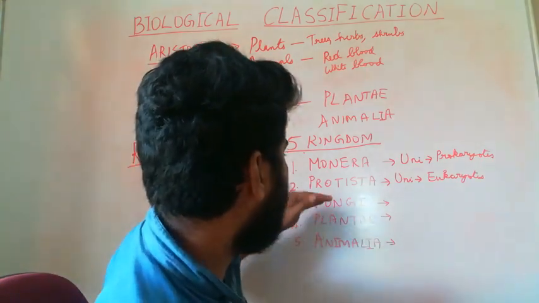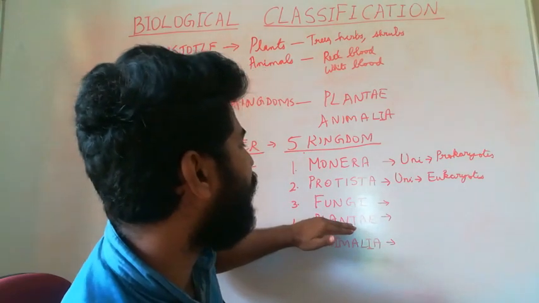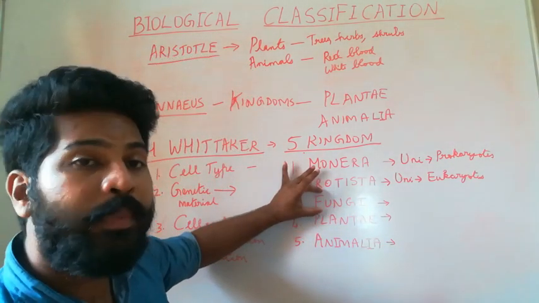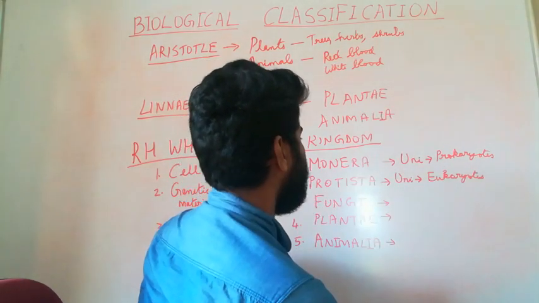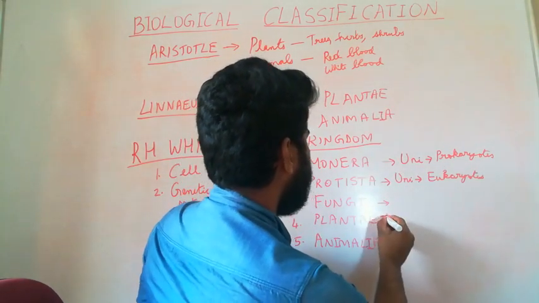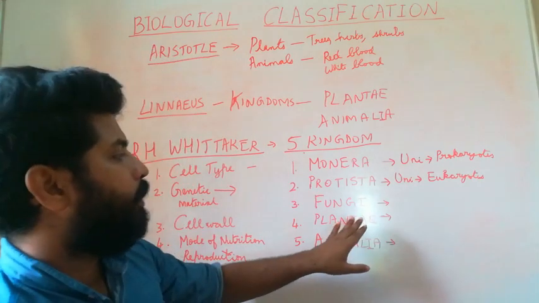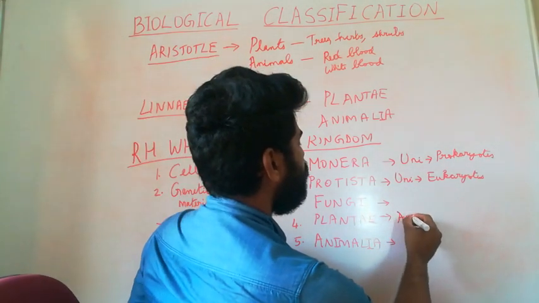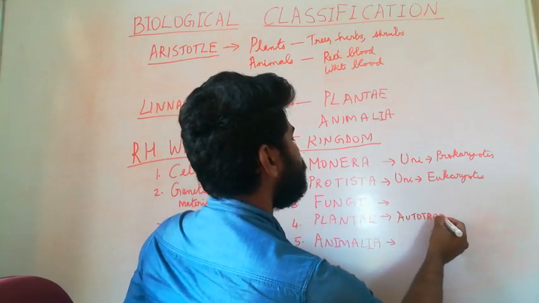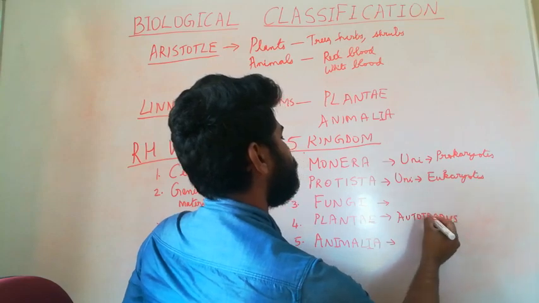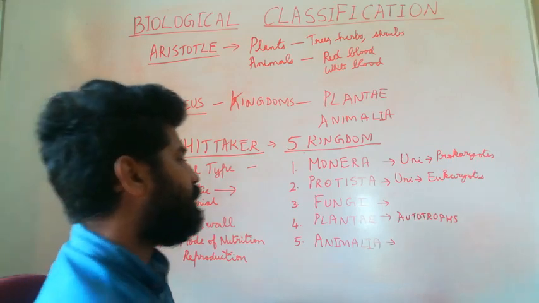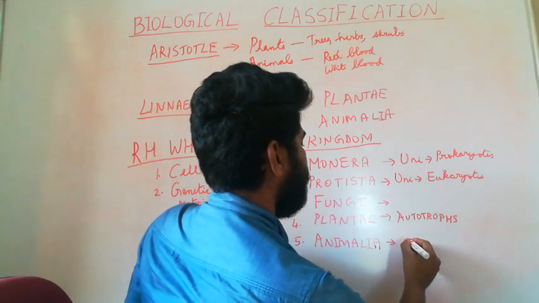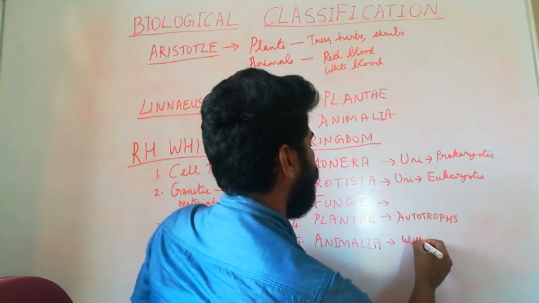So fungus was removed from kingdom Plantae and placed in a separate group, which was not done in the earlier type of classification. And plants included all the autotrophs. All the autotrophs come under plants, and animals, that is without cell wall.